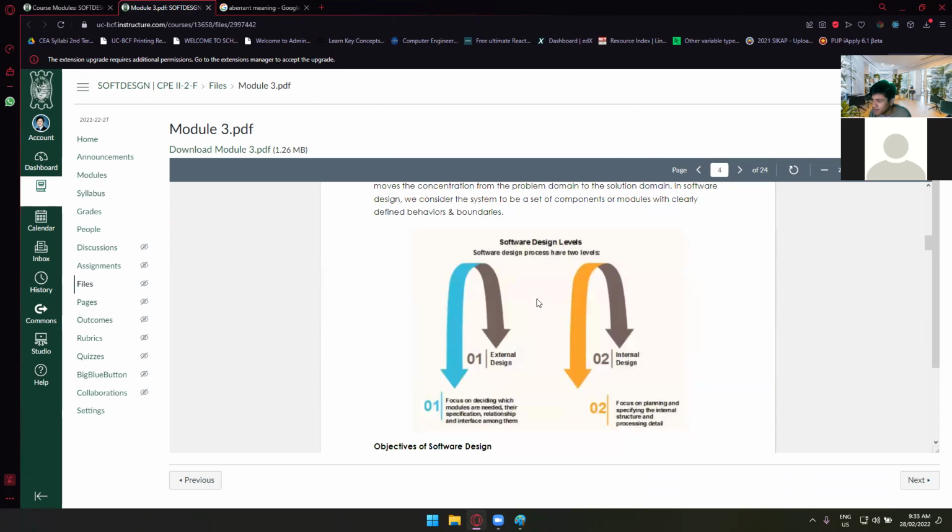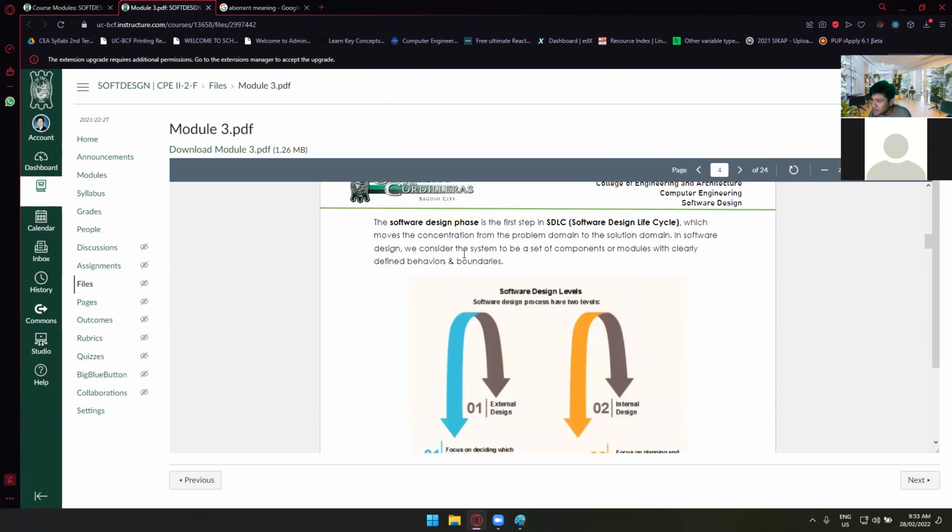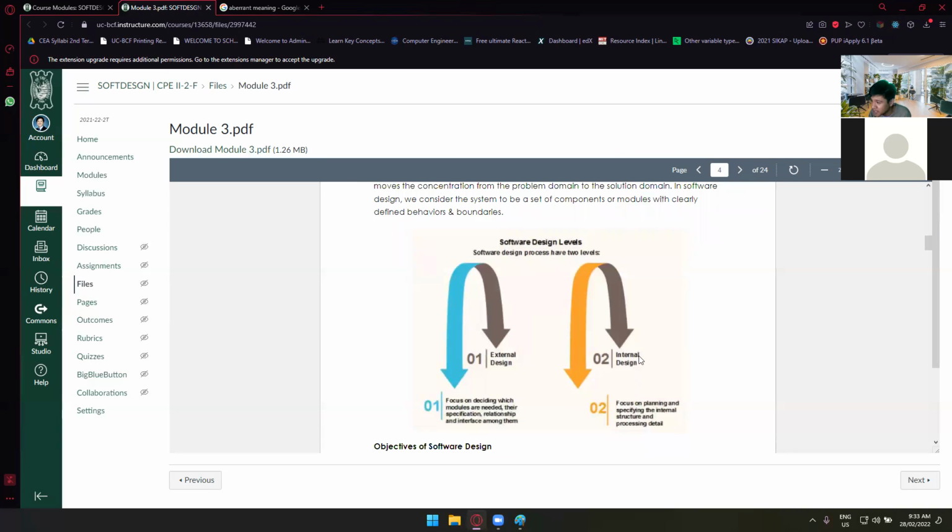So let's move on now to the next one. We have this software design piece under SDLC, which is the very first step, wherein we have two levels of this software design: the external and then the internal design.